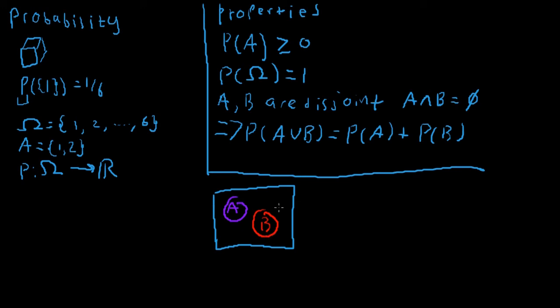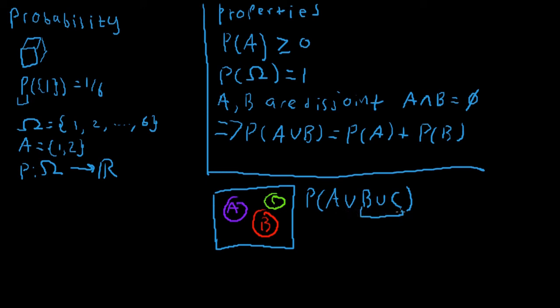One more thing about this is, what if I have A, B, and then I throw in a C, and that's also disjoint? What can I say about the probability of A union B union C? So pause for a second, think about it, and try to figure it out. Then unpause it. Well, I want to treat this like its own event.